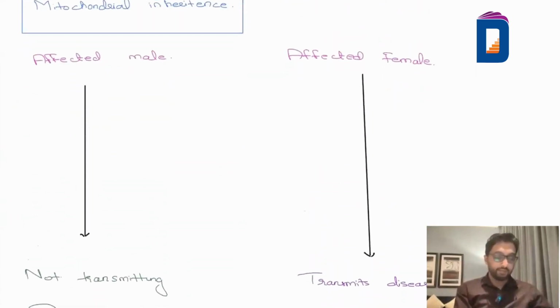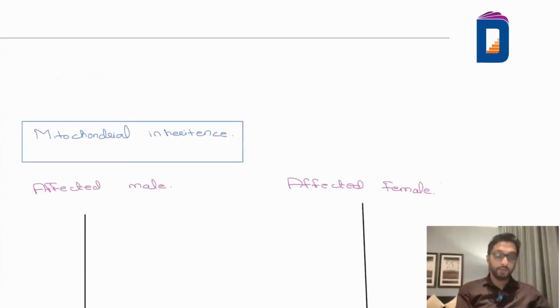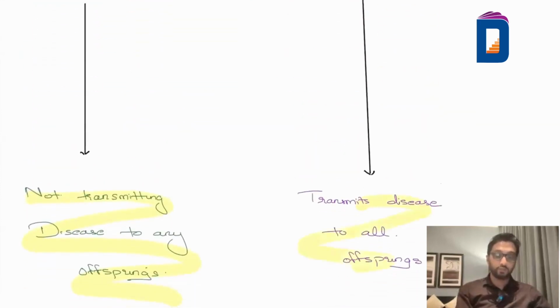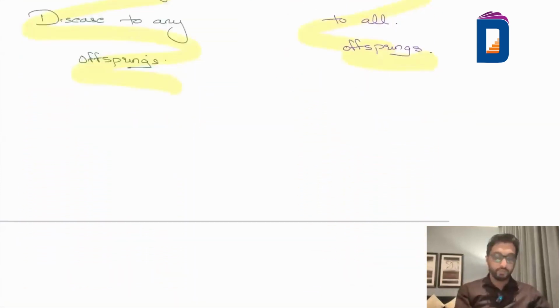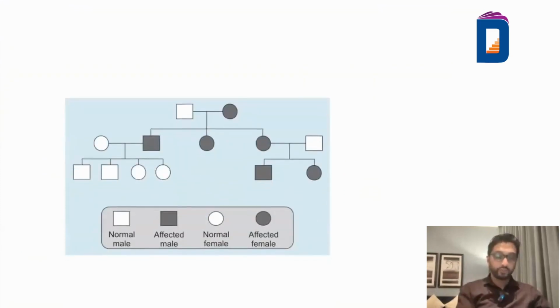Mitochondrial inheritance, I'll just finish this off. It's very simple. An affected male will not transmit the disease to any offspring. An affected female will transmit the disease to all the offspring because the mitochondria are in the ovum. So if you just take this, here the mother is affected, so she will give it to all progenies.